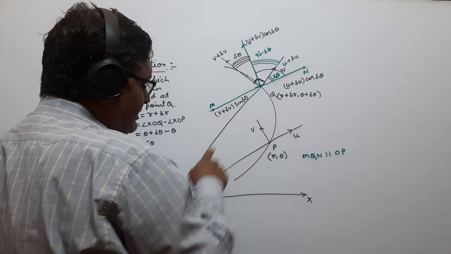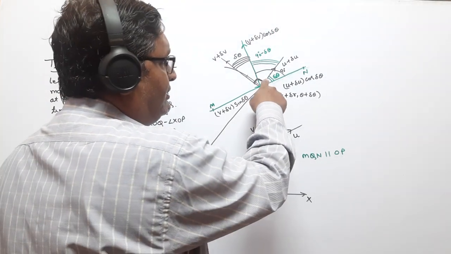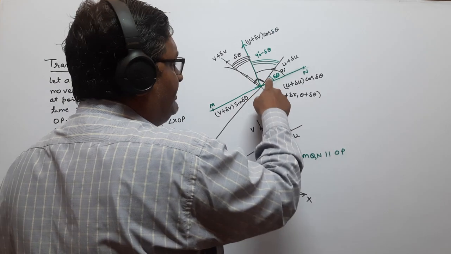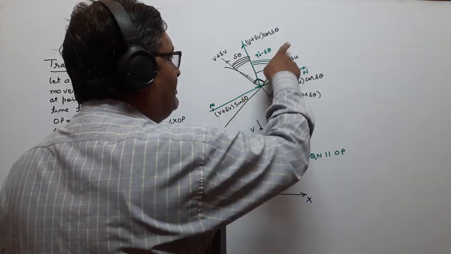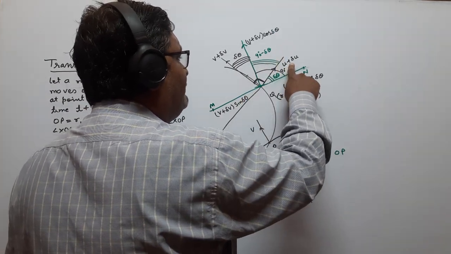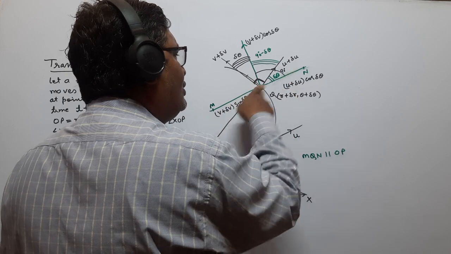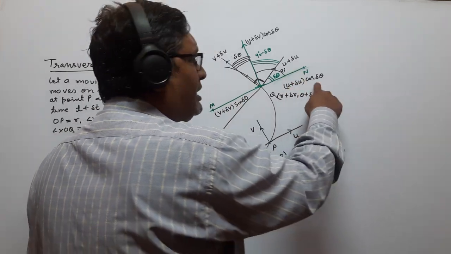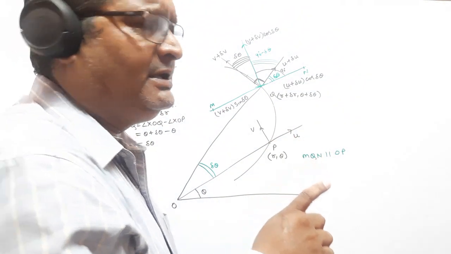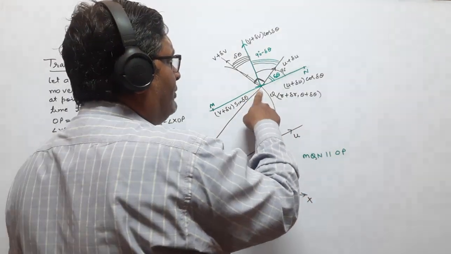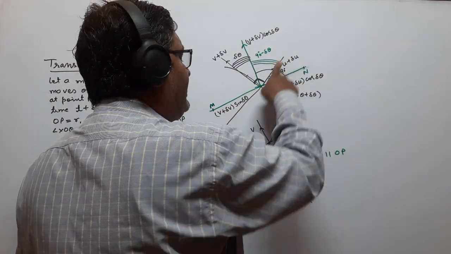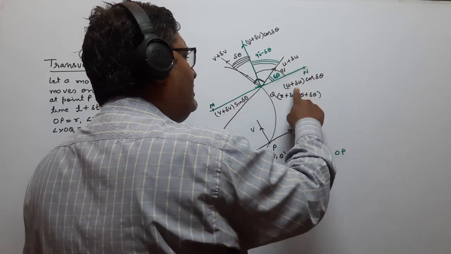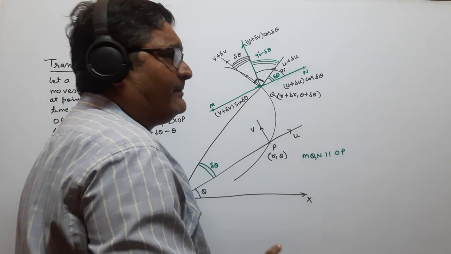Now you can see this angle is del theta, so this is also del theta, because these are corresponding angles. So this is del theta and this is u plus del u. So the component of u plus del u along QN is u plus del u cos del theta. This is the horizontal component of the radial velocity at point Q.